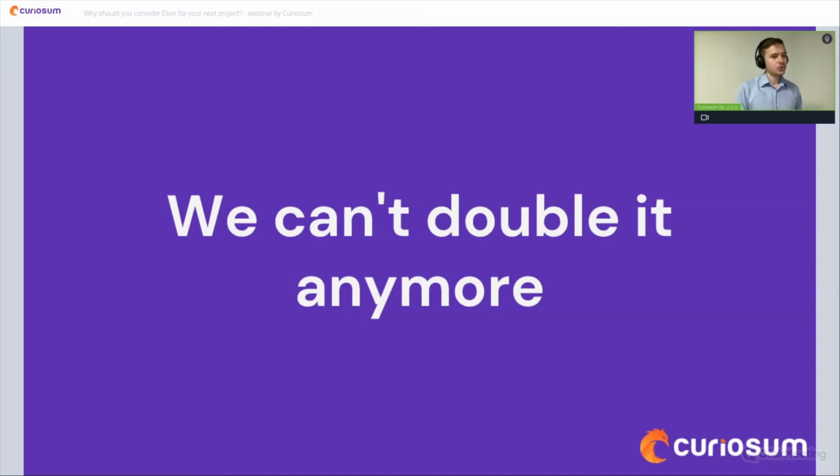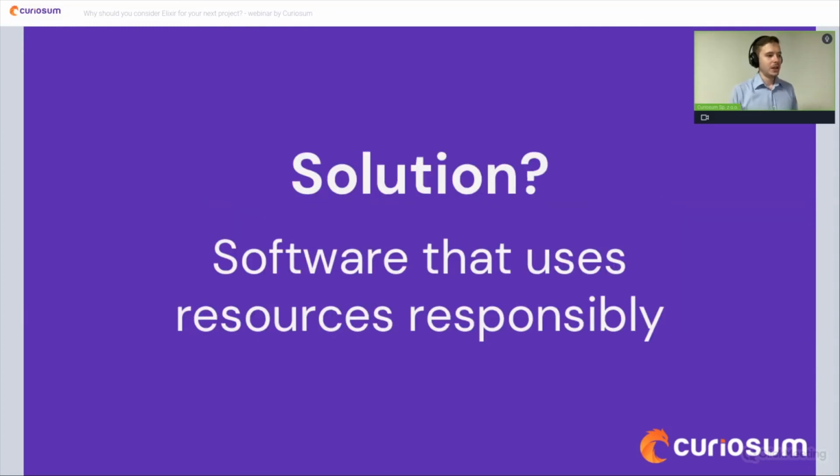So very soon, and this is not just my opinion, this is consensus from the whole IT community, we will not be able to double the number of transistors, so our machines will not become even more efficient in terms of the resources they have.